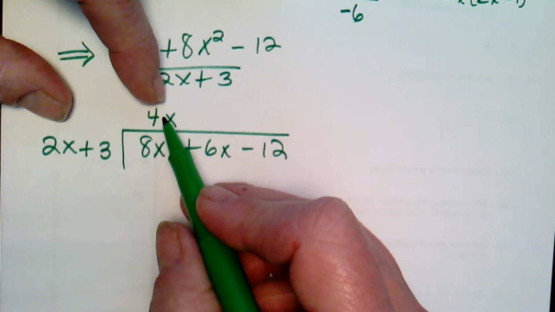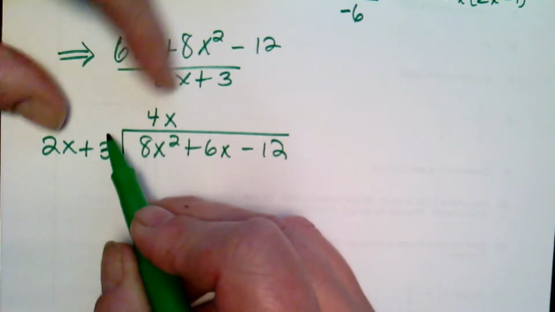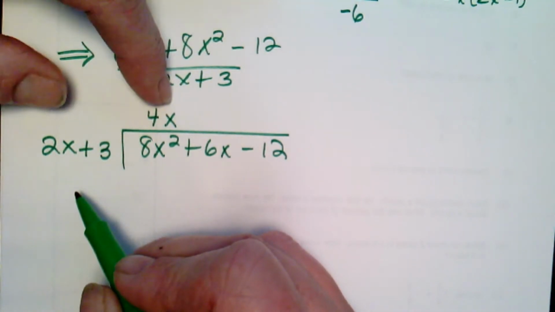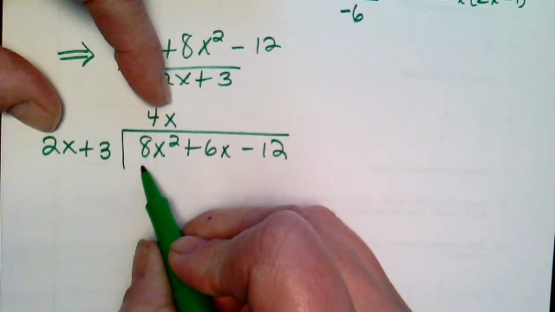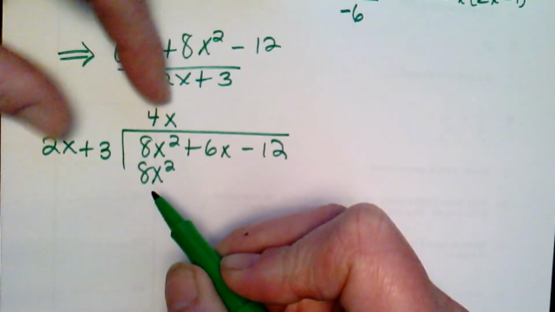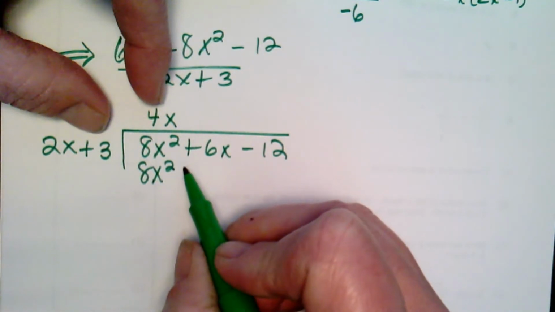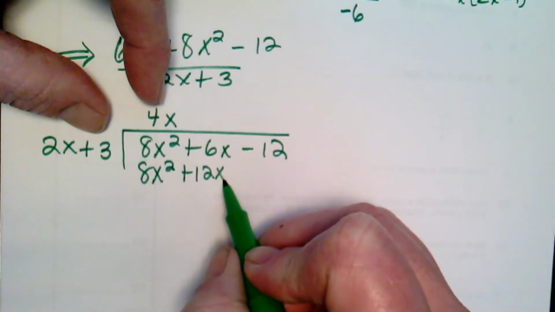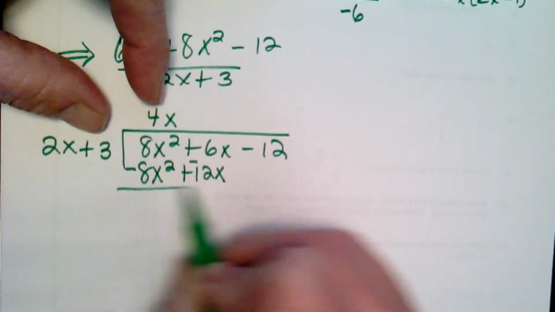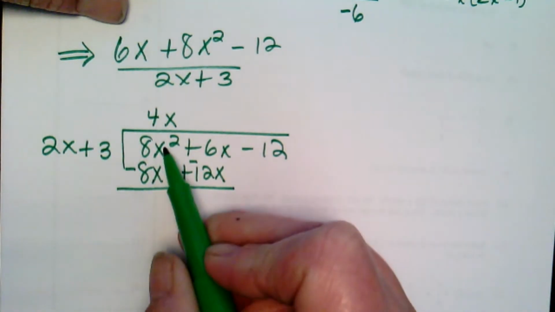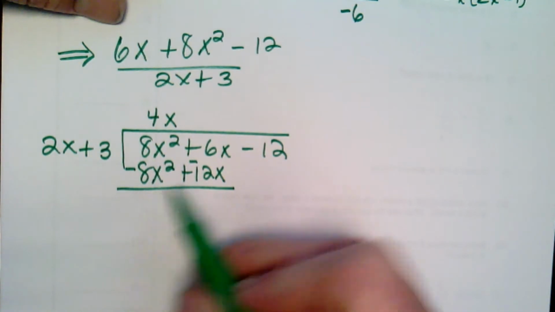Our next step is to multiply what we have here times both of these, so 4x times 2x is 8x squared. 4x times 3 is positive 12x. Subtract, which is changing the signs of both. Comes out perfectly 0.